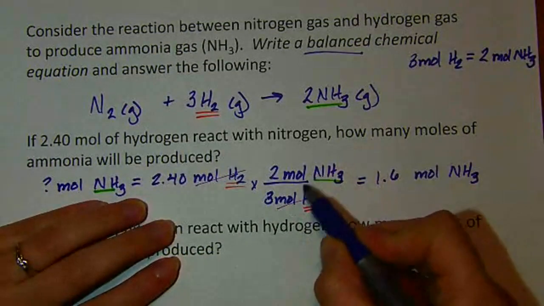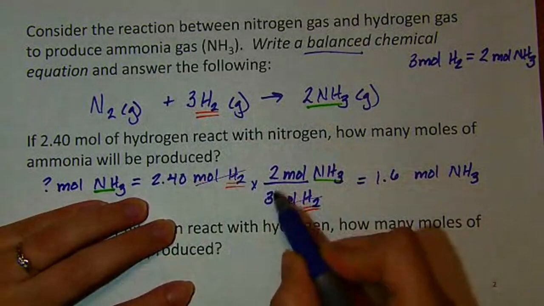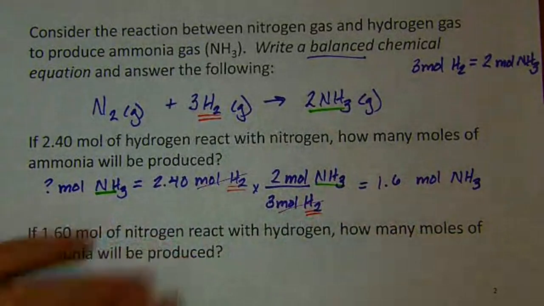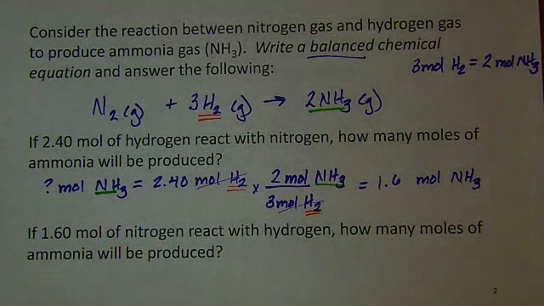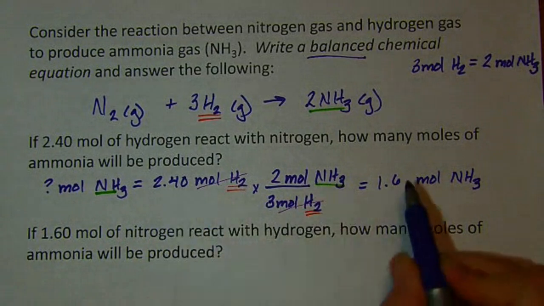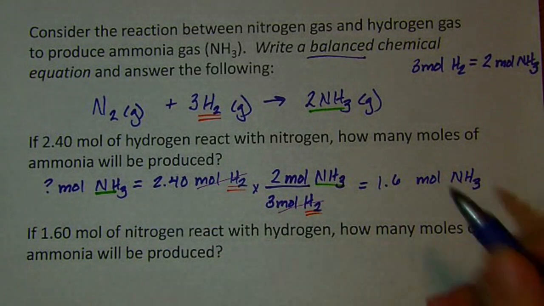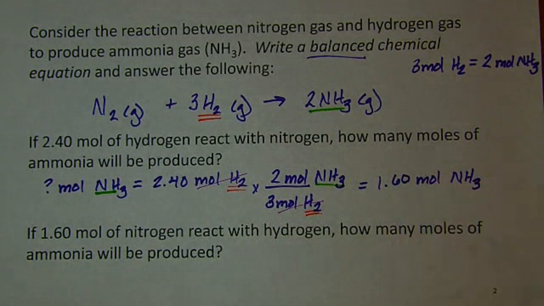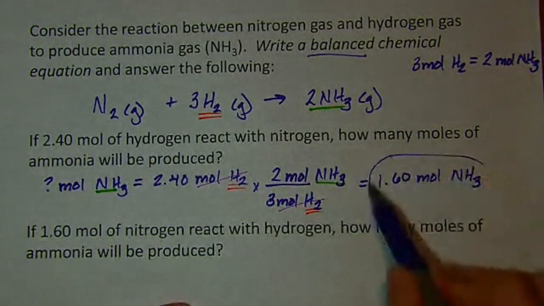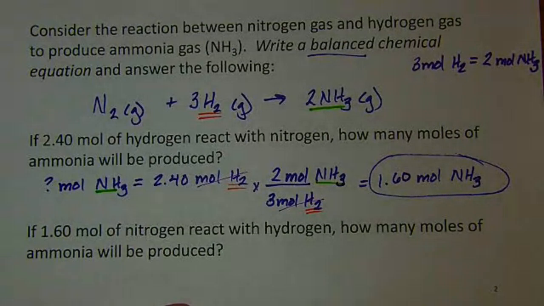My mole ratio, these are counted numbers. My mole ratios will always have an infinite number of significant figures. So my answer should have 3 significant figures. My calculator gave me exactly 1.6, so the rest of those digits are zeros. So my final answer here is 1.60 moles of ammonia.